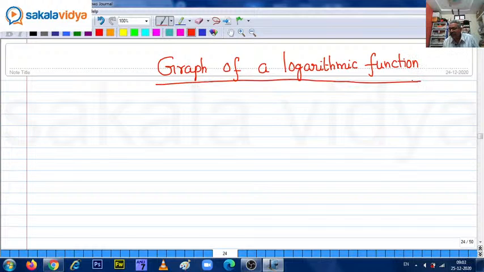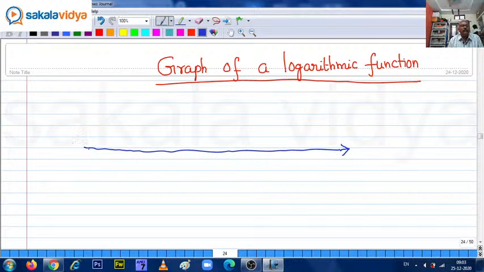Sometimes you may be asked to draw a rough graph of a logarithmic function. This is the x-axis, this is the y-axis. For a rough graph, mark x dash, the origin, y and y dash.